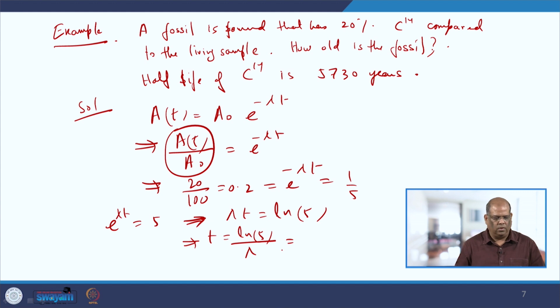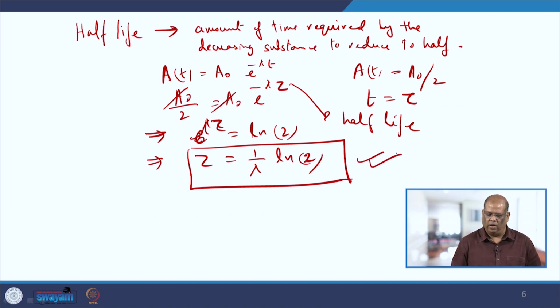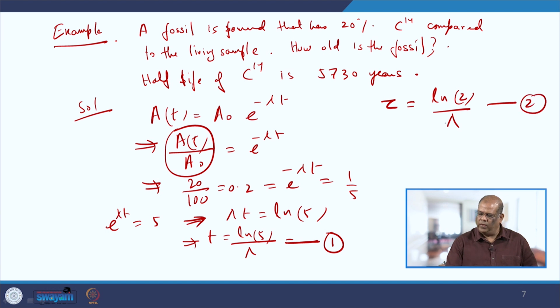Now, we name it as number 1, and also the half-life tau is given by ln 2 divided by lambda from this particular formula. So, from this and this we eliminate lambda, and you get lambda equal to ln 2 by tau. So, this t will be equal to tau ln 5 by ln 2.